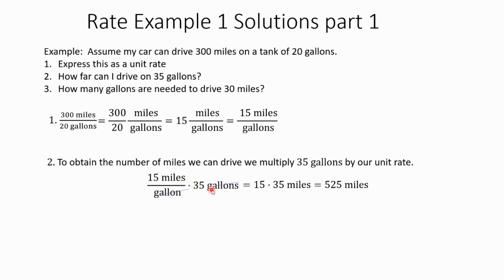So that's all it is. And again, we did this right because we have units canceling. Namely, our answer, we want it to be in terms of miles. So we don't want that gallon unit there. And by multiplying like this, it does cancel. This is on top, this is on bottom. These cancel. You get 15 times 35 miles, and that's 525 miles.